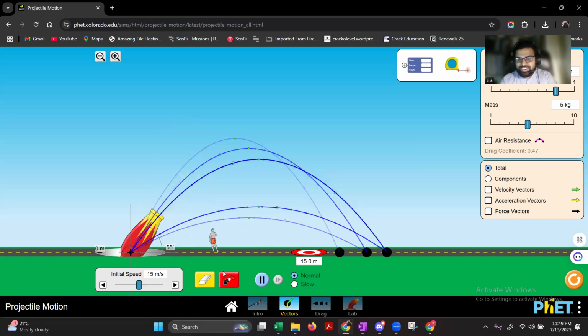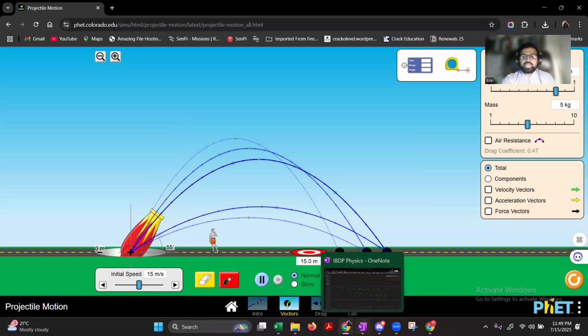And yes, we got it again. It's very beautiful, you can see physics works. So at certain angles, you can achieve the same range. The height will be different, obviously, but the range is the same for different angles.